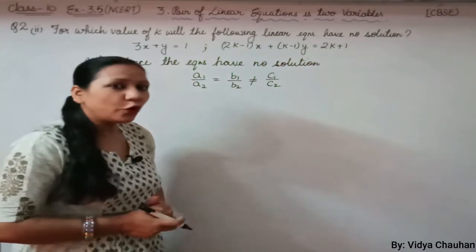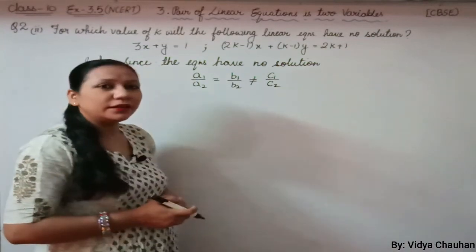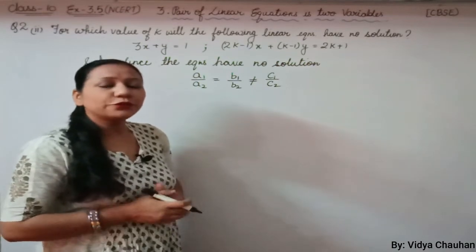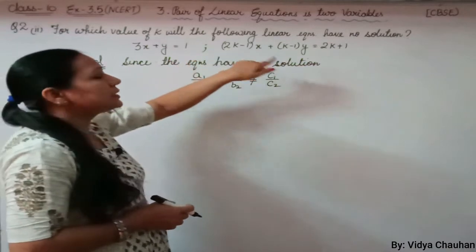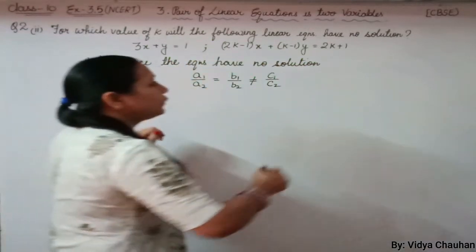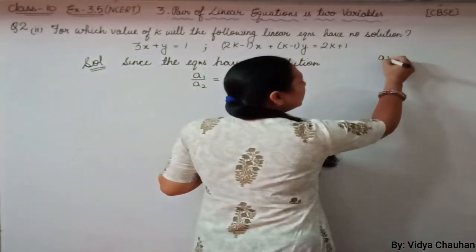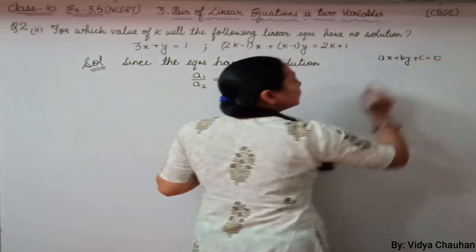But as you must be aware, whenever we use the graphical method to solve the questions, we need to write the equations in the standard form. So what is the standard form of any linear equation? ax plus by plus c equals 0.